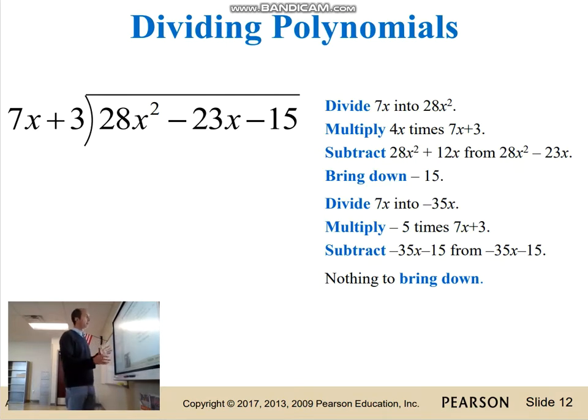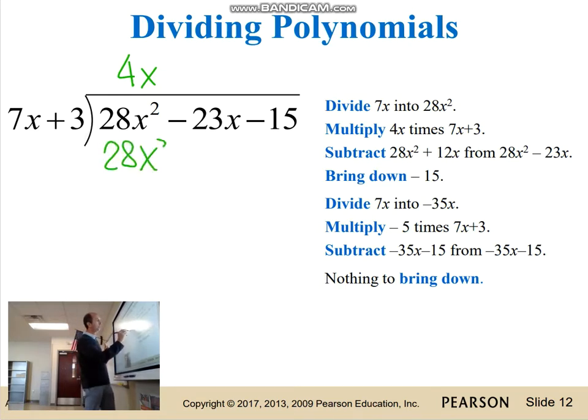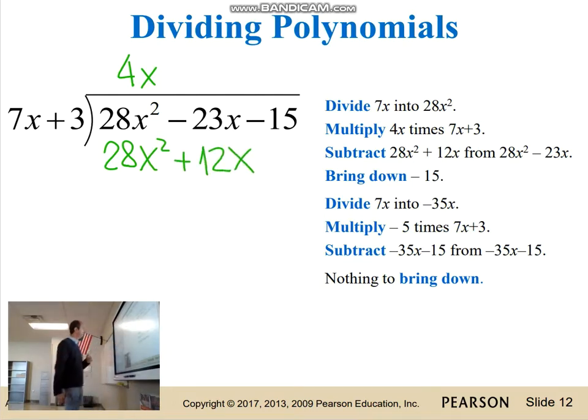The first step is to divide 28x squared into 7x. 28 divided by 7 is 4, x squared divided by x is x. After that, we multiply 4x by the whole binomial, 4x times 7x plus 3, and we have as a result 28x squared plus 12x, right?